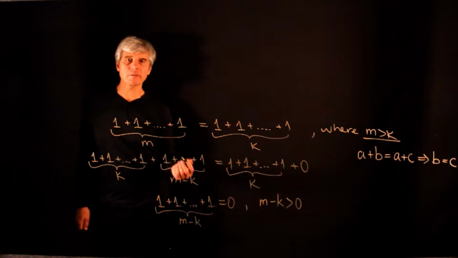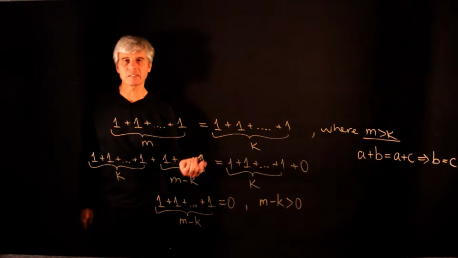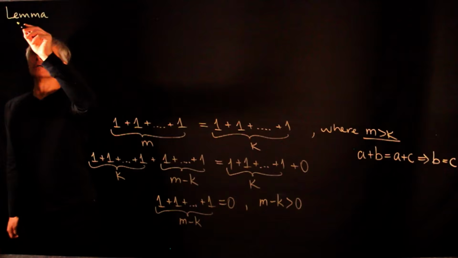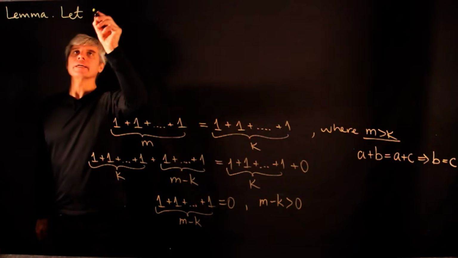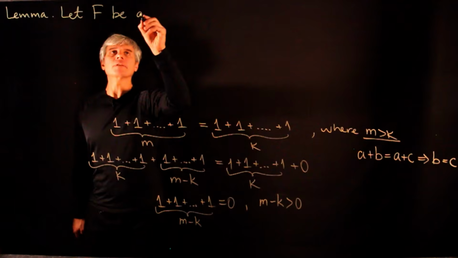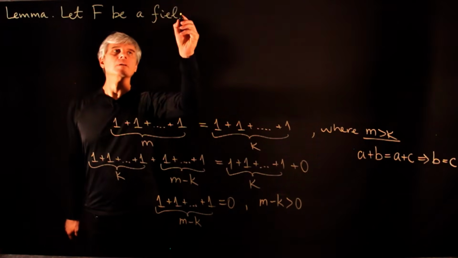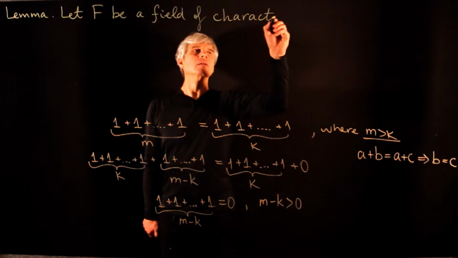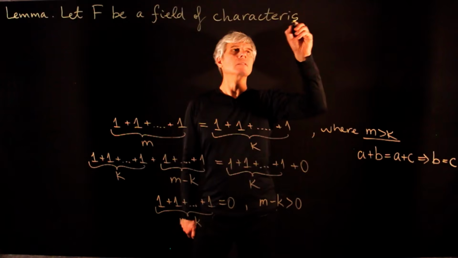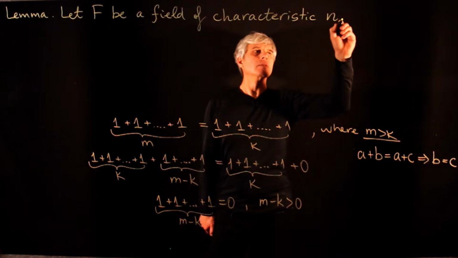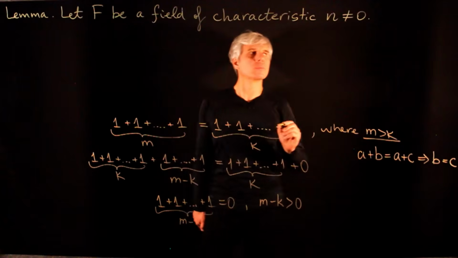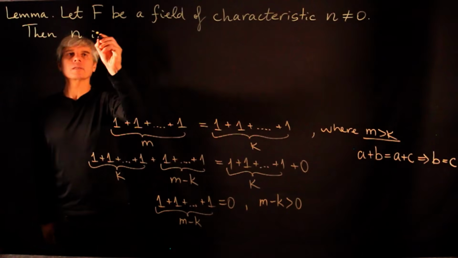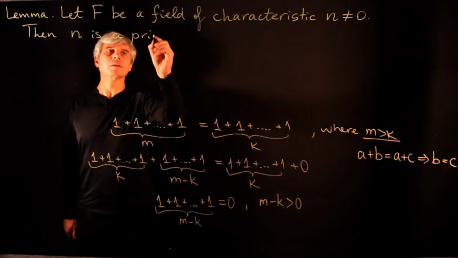Next, let us show that characteristic of a field cannot be just any natural number. So here we have a lemma. Let F be a field of characteristic n, which is different from 0. Then n is a prime number.